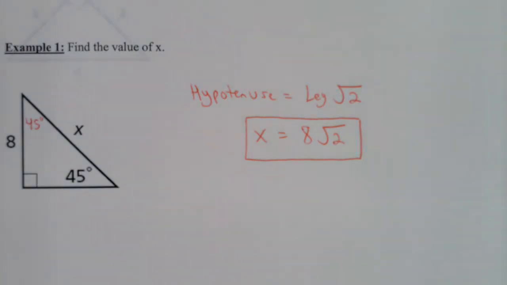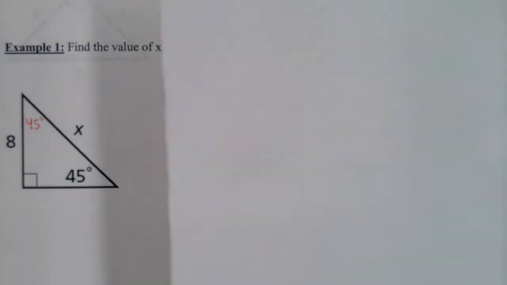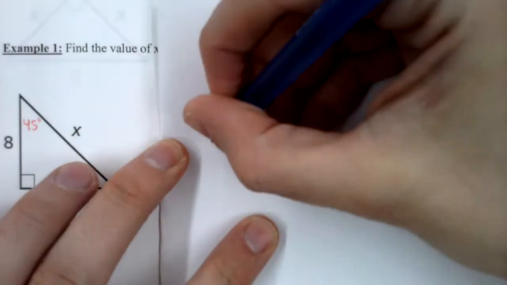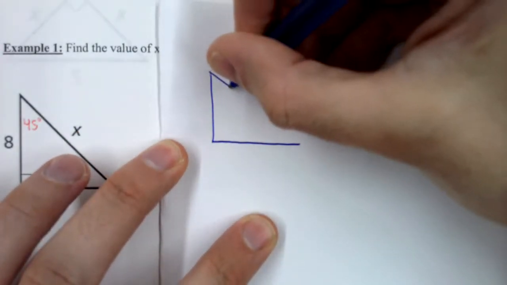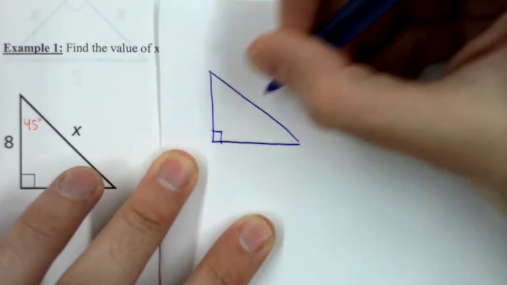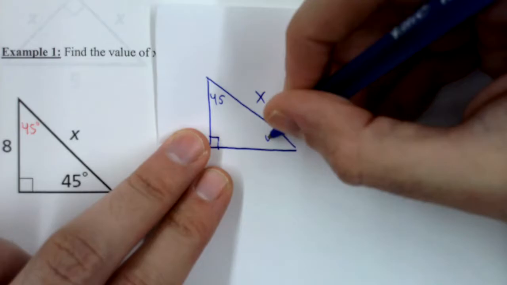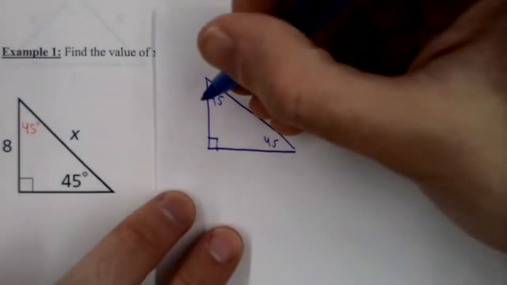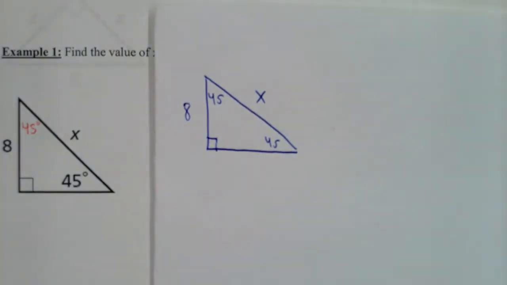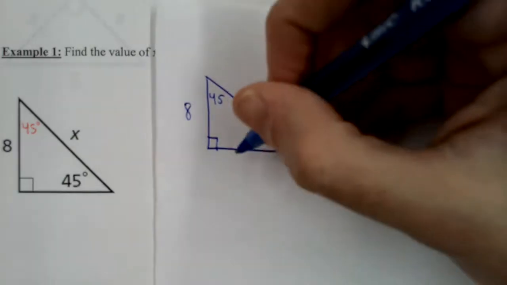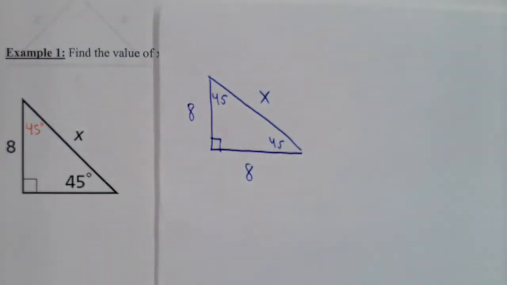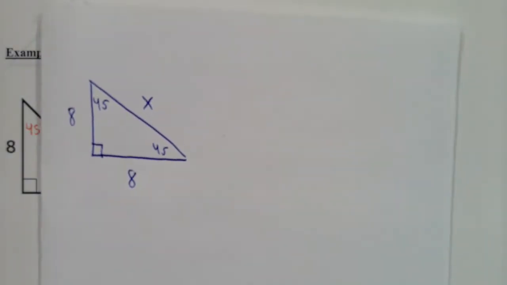So think about it like this, okay? Suppose you did not know the theorem, and I said solve this for x. What would you do? You know this is 8. And if these two angles are the same, then the sides opposite them have to be the same, so this would have to be 8 also. But you'd have to use the Pythagorean theorem, right?